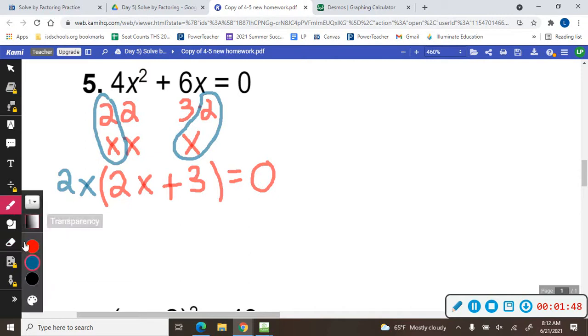So that would be our next step. We would say, okay, either 2x equals 0 or 2x plus 3 equals 0.